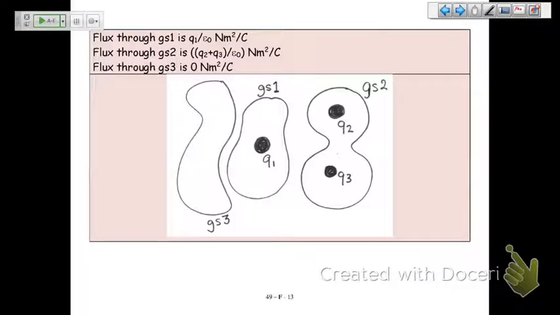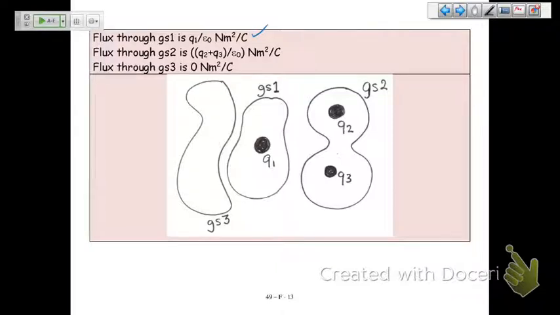So here's some examples. We have 3 different Gaussian surfaces. Gaussian surface 1 is the middle one. Gaussian surface 2 is the one at the right-hand side. Gaussian surface 3 is at the left-hand side. And we know that we have some charge inside one and some charge inside another. So the flux through GS1 is going to be the charge inside, which is Q1 over epsilon naught.